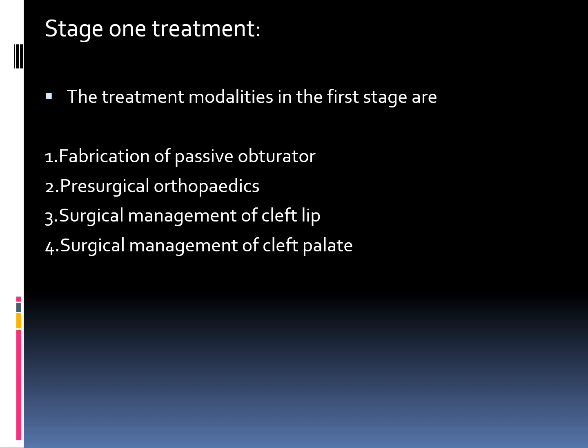I will be talking more about it. Then pre-surgical orthopedics, surgical management of the cleft lip, followed by surgical management of the cleft palate. Before we go to the next part, let me explain what a passive obturator is.